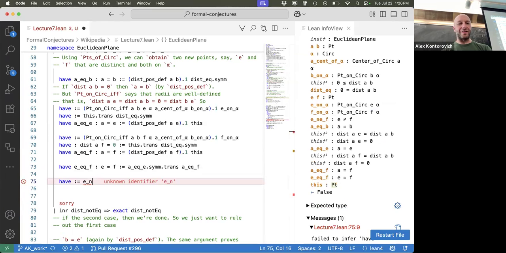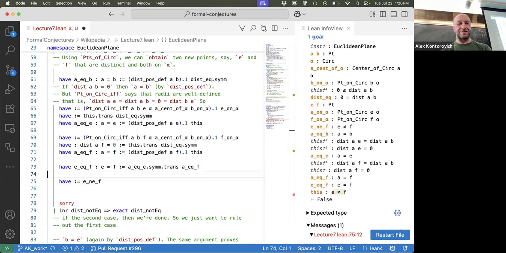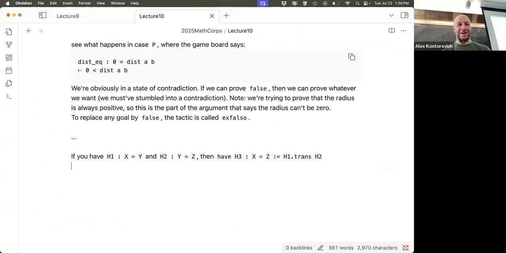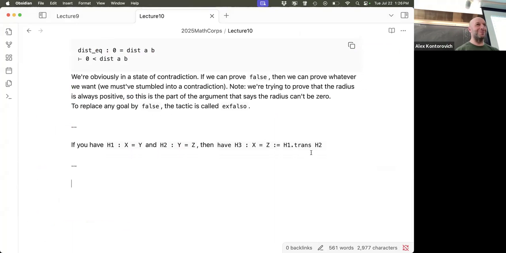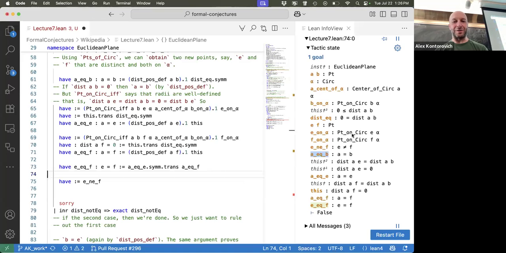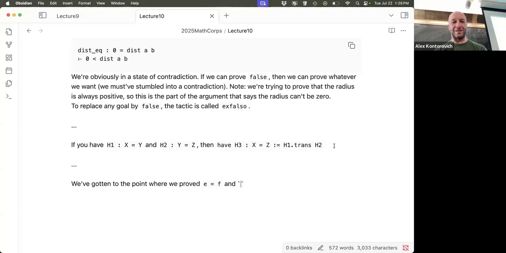E not equal to F. Again, I haven't kept track of what we said, but in the interest of proving a theorem, I won't write it all down. We've gotten to the point where we proved E equals F and E is not equal to F.